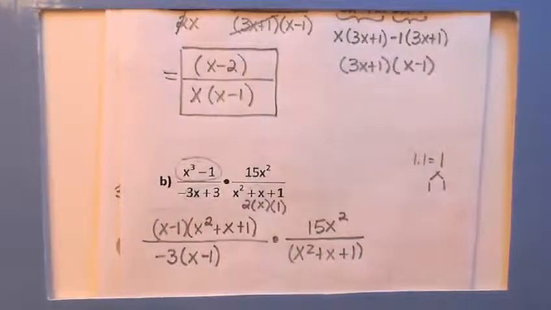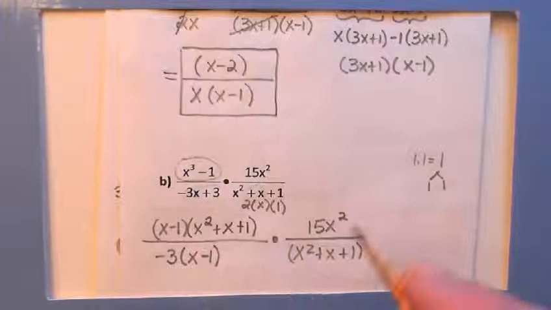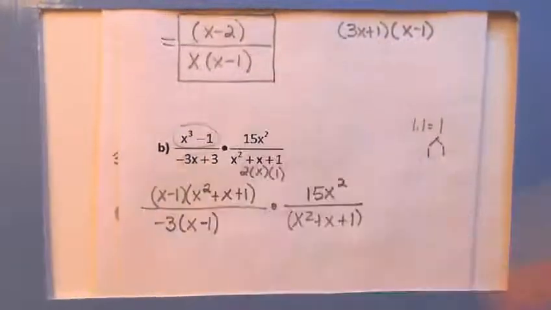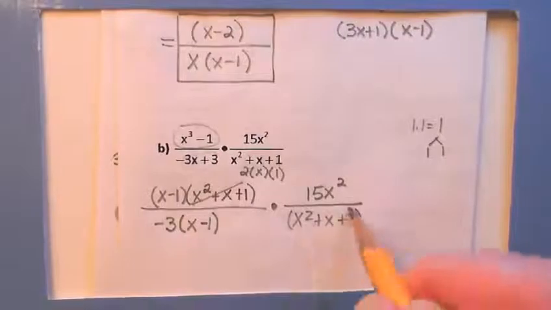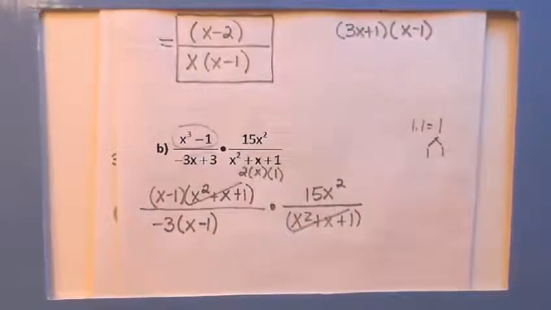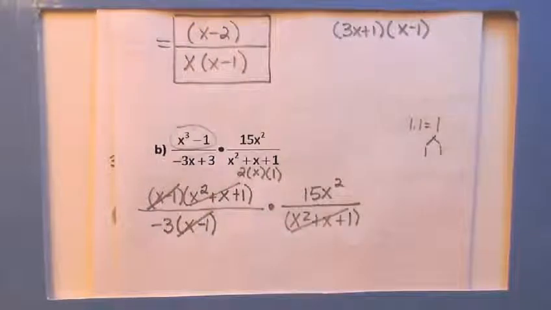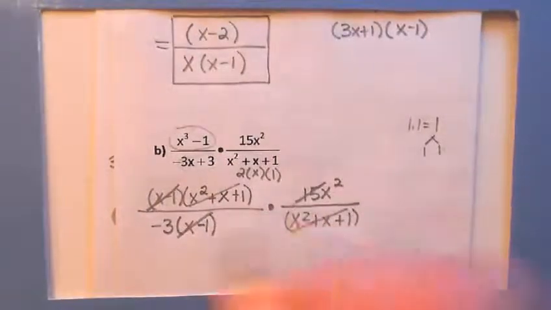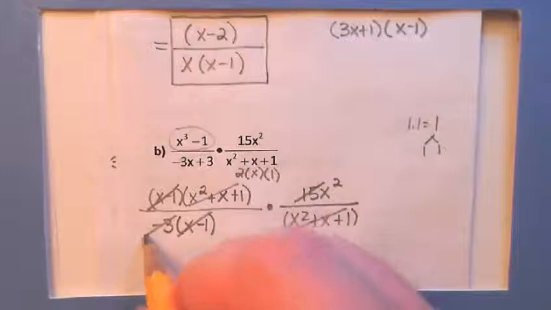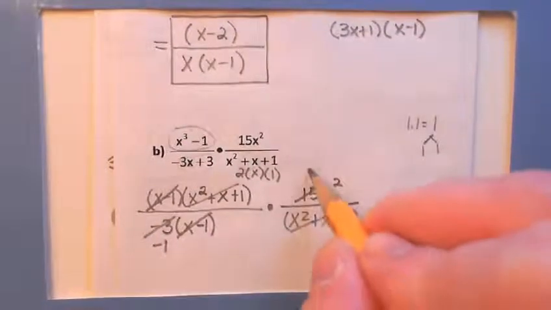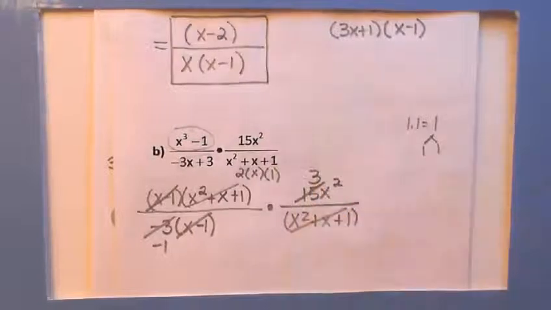Alright. Now that I factored top and bottom, I'm ready to cancel. We see that this trinomial cancels with this trinomial. X minus 1 cancels with x minus 1. 15 cancels with negative 3. 3 goes into negative 3 negative 1 time. And 3 goes into 15 5 times.